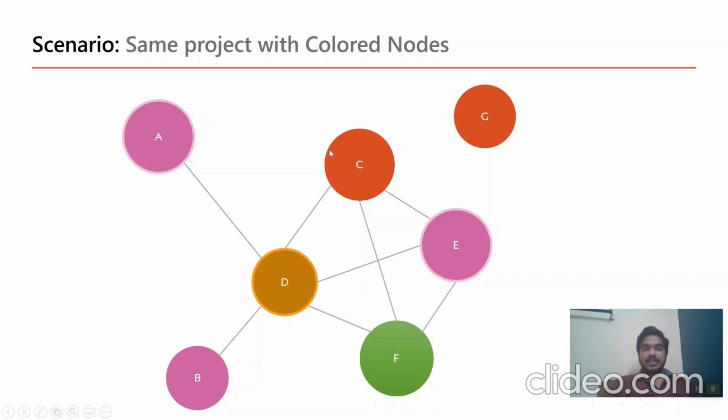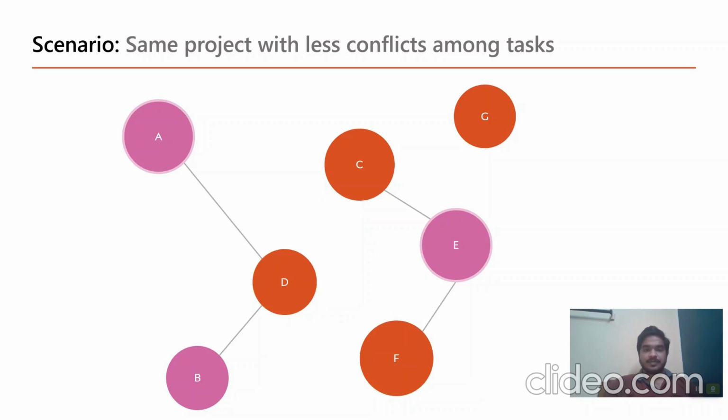And this particular thing means that there are four different tasks working in parallel, and when one is in progress, the other three might be in a waiting state, which forms a major conflict for any project.